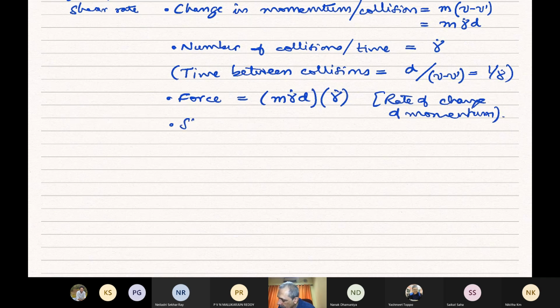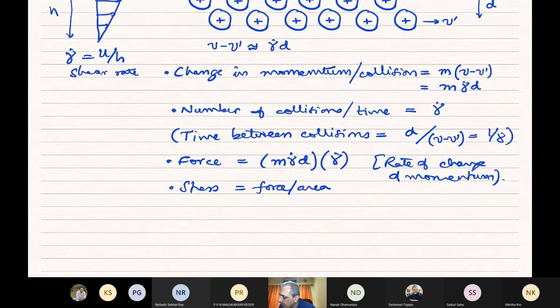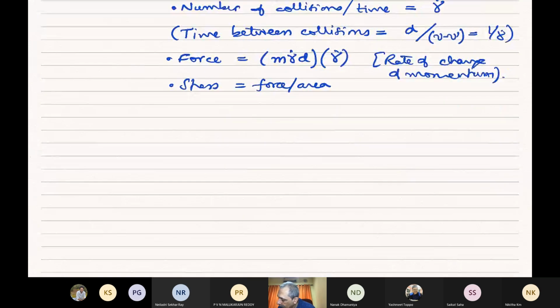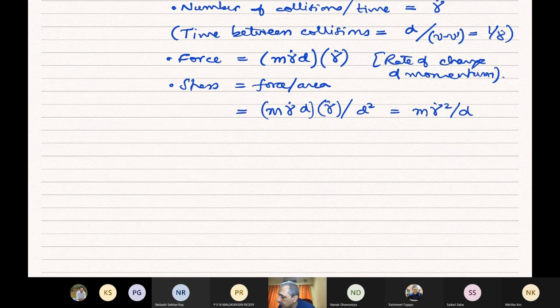And then your stress is just equal to force per area. If we take the area to be just the particle diameter squared, then this is m gamma dot d into gamma dot divided by d squared. If you simplify this, you see that the stress is just m gamma dot squared by d. So this is what you get.